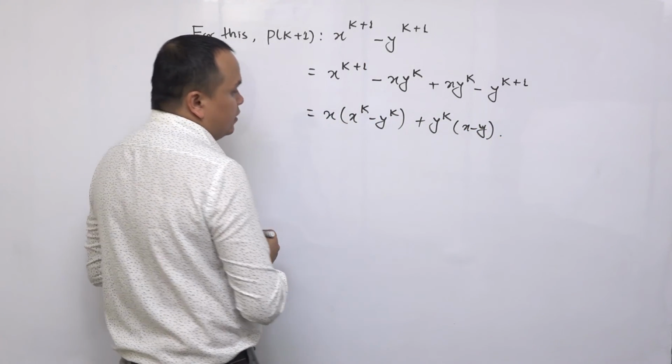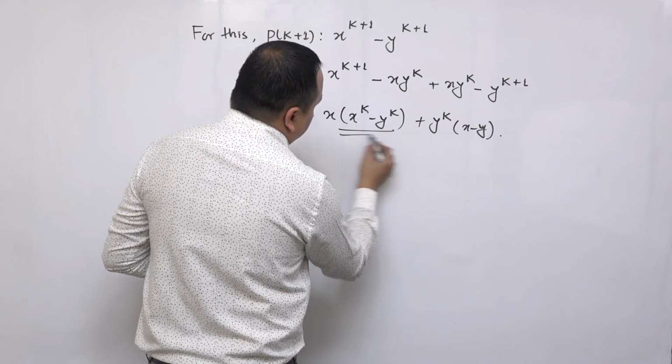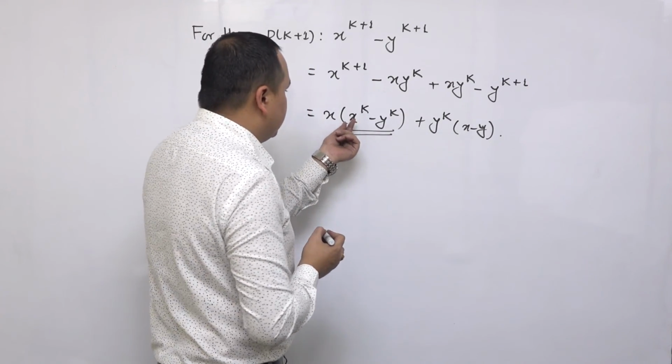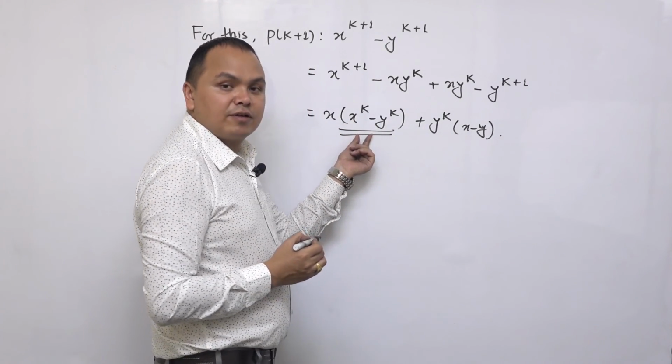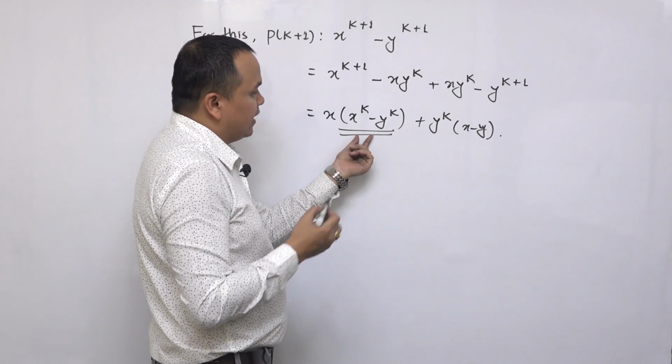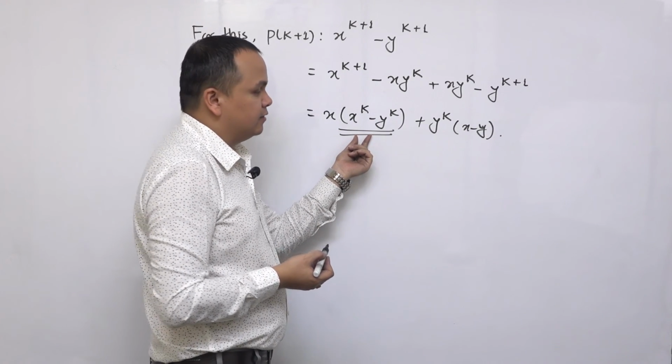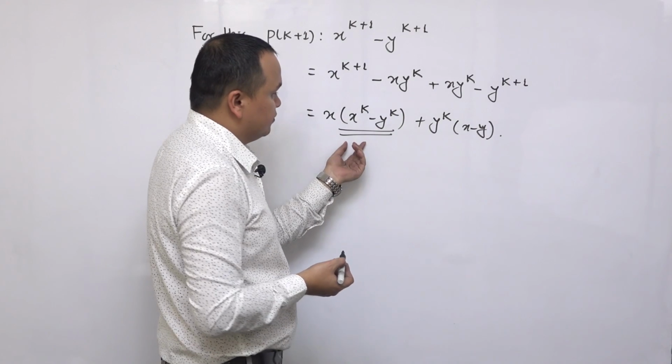The first term x to the power k minus y to the power k is divisible by x minus y by I, by our assumption.